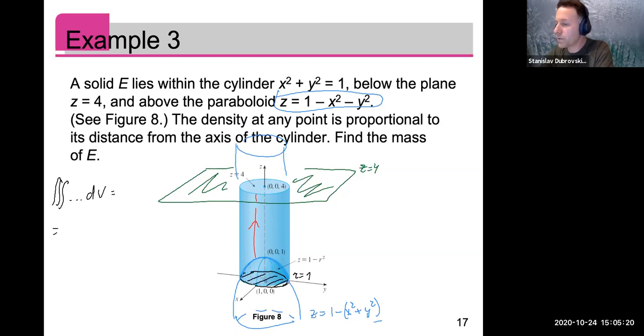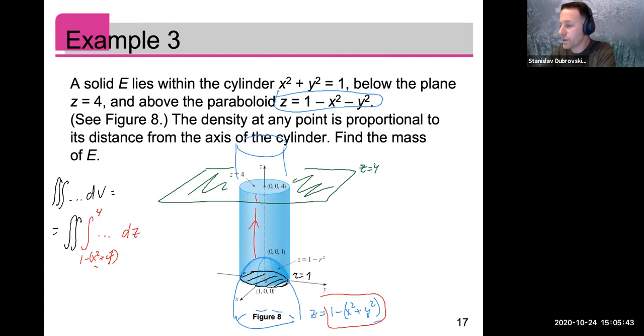So the first integral will be with respect to z from the bottom limit, 1 minus x squared plus y squared, until the top limit of 4. What's inside? Well, we'll discuss it later. And then a double integral over the disk.